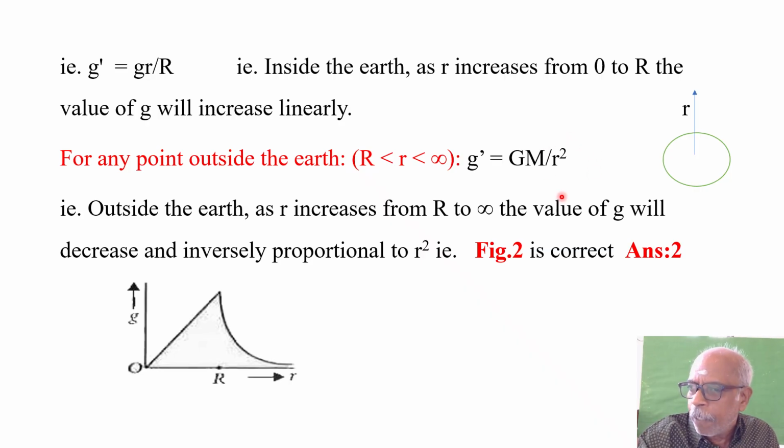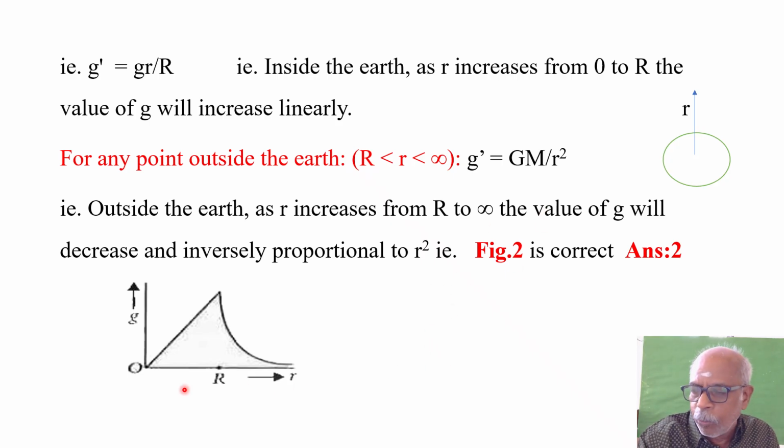What does it mean, sir? Inside, the growth is linear, and outside, the decline is not linear. Because g dash is inversely proportional to r square, not simply r, figure 2 is the correct answer. Outside the earth, as r increases, the value of g decreases, inversely proportional to r square. So figure 2 is the correct answer, not figure 1 or figure 3.